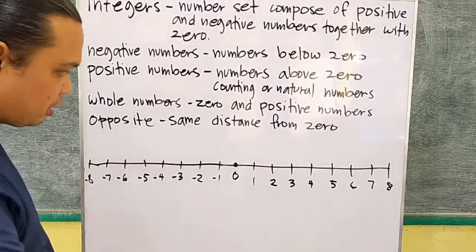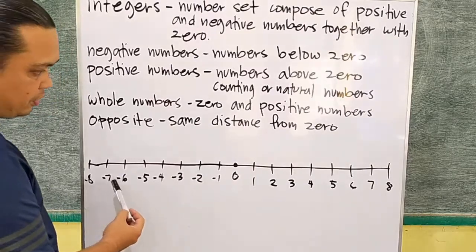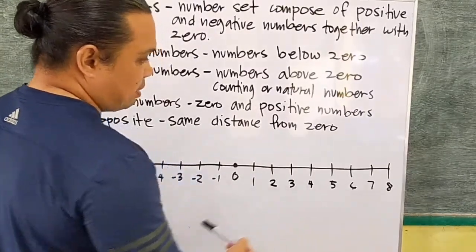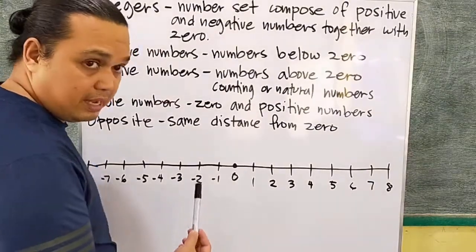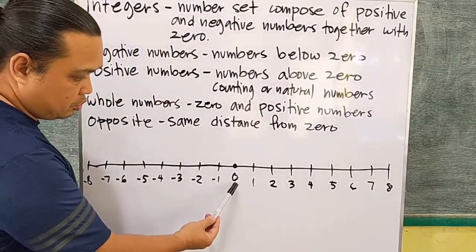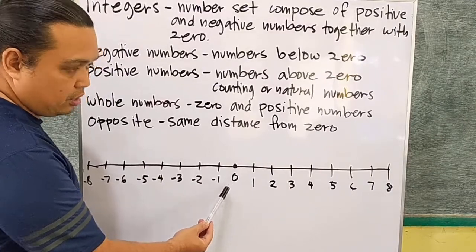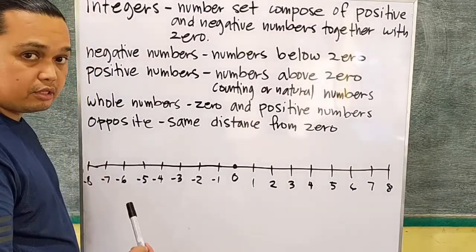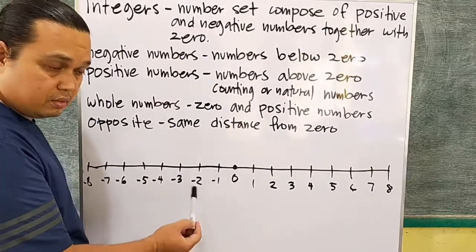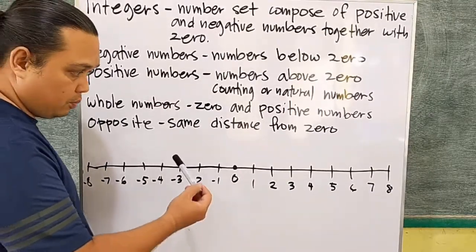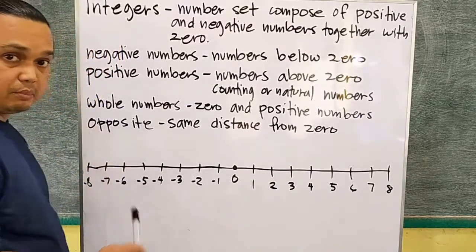Now, if you can see here, we have a number line. At the middle of the number line is 0, and 0 here is our point of origin, the point or the base where everything is based upon.